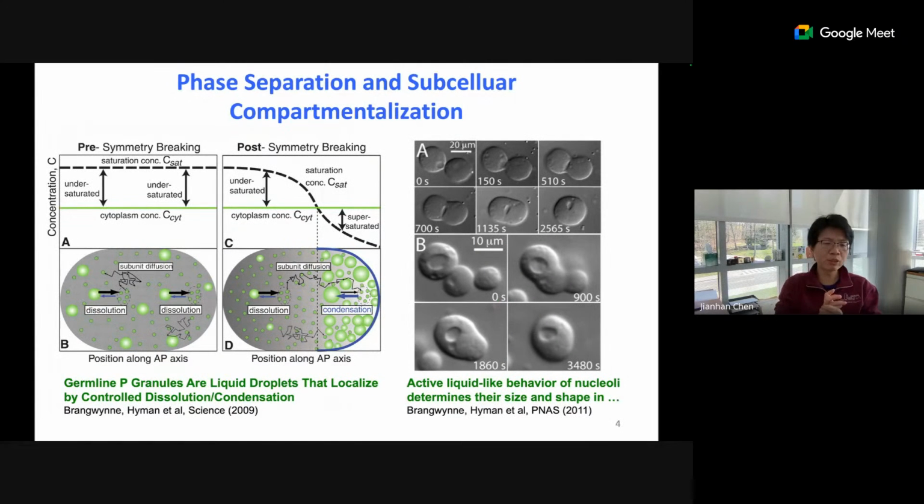But one of the major discoveries was made in 2009 by Clifford and Hyman. People know that there are a lot of so-called protein-RNA bodies in our cells, such as the stress granules or the nucleoli that appear when the cell is dividing.